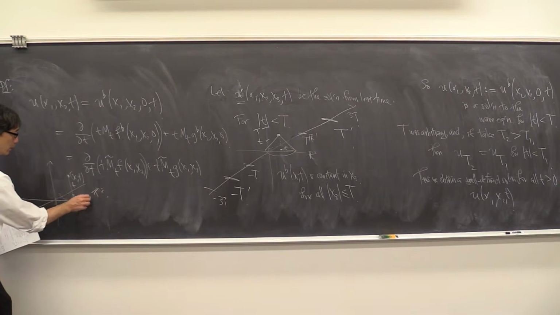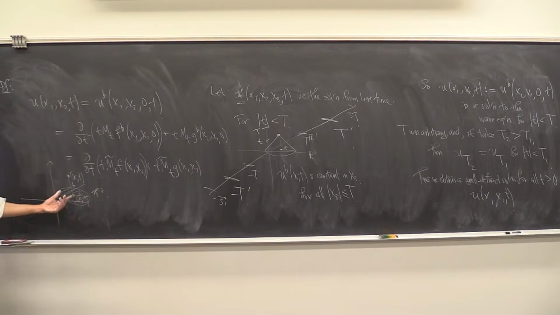This radius is t. It depends not on the boundary, like in the spherical case, but on the average over the whole disk.